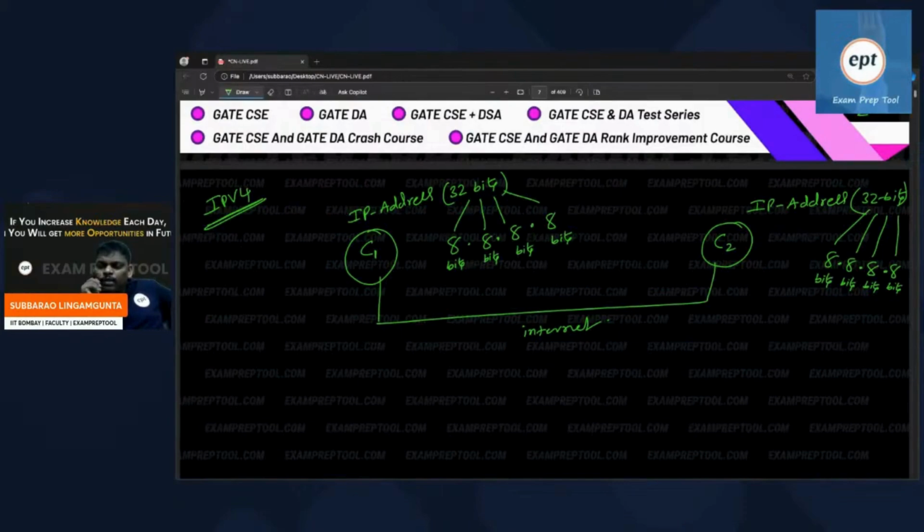One small line: is an IP address a physical address or a logical address? Is a mobile number physical or logical?